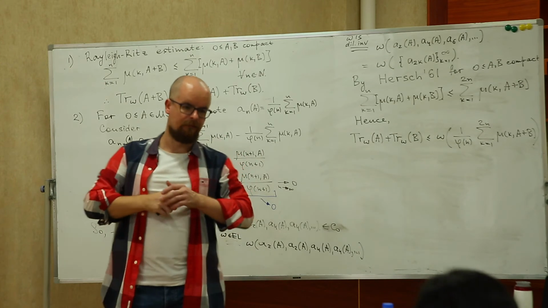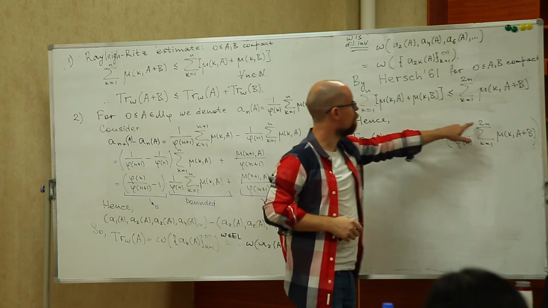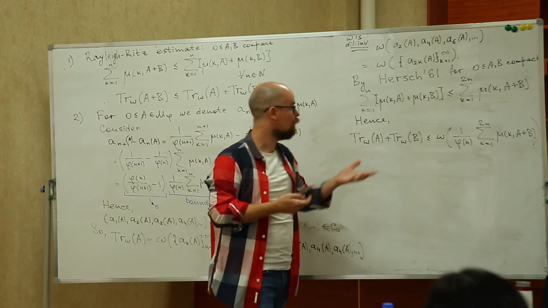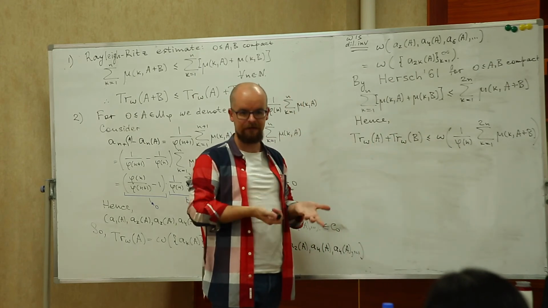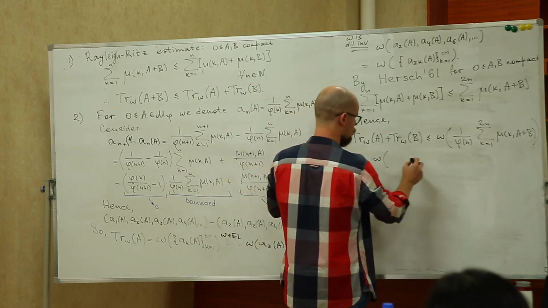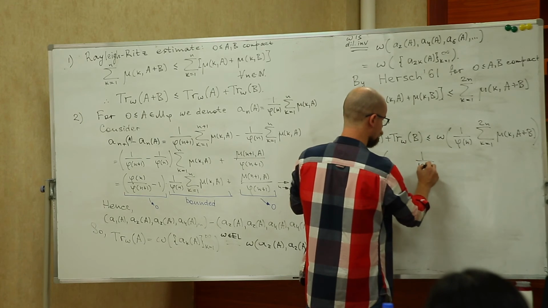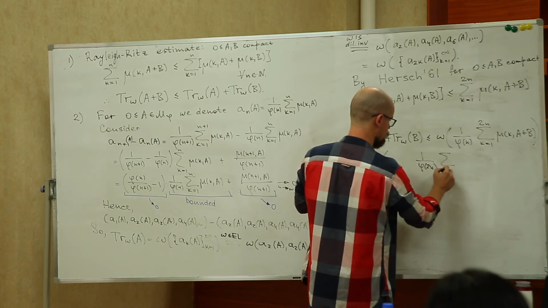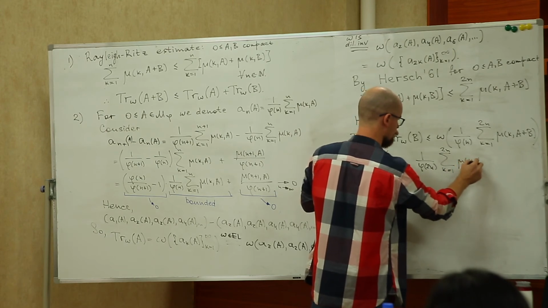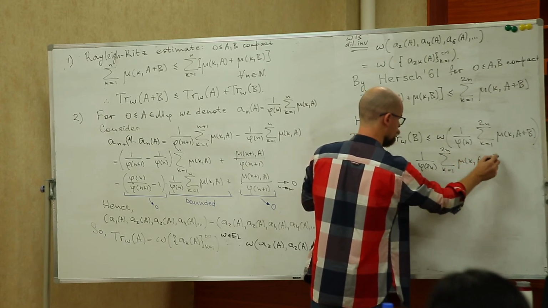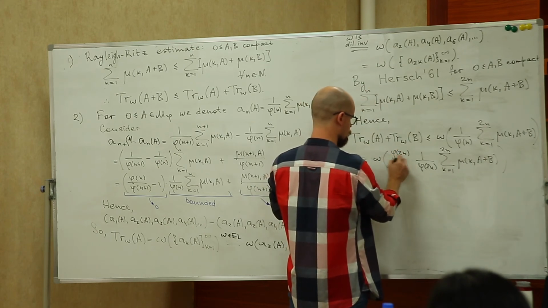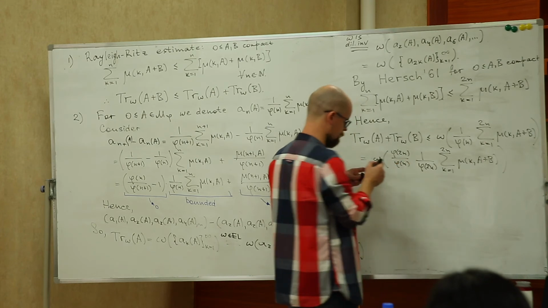Almost done, but here we have 2n, here we have n. Let's get what we want. If it would be 2n, then it's okay. So omega of 2n, and here we have phi of 2n over phi of n.